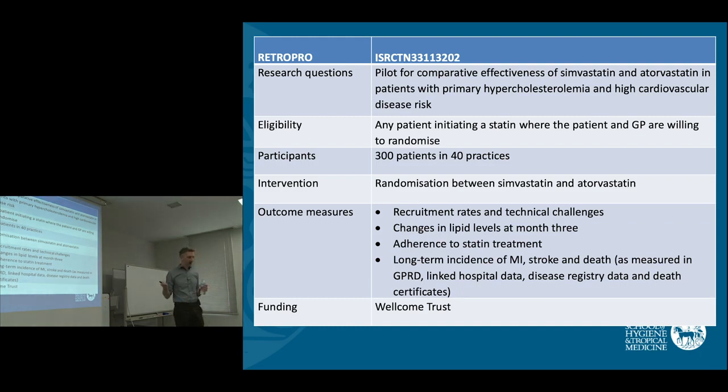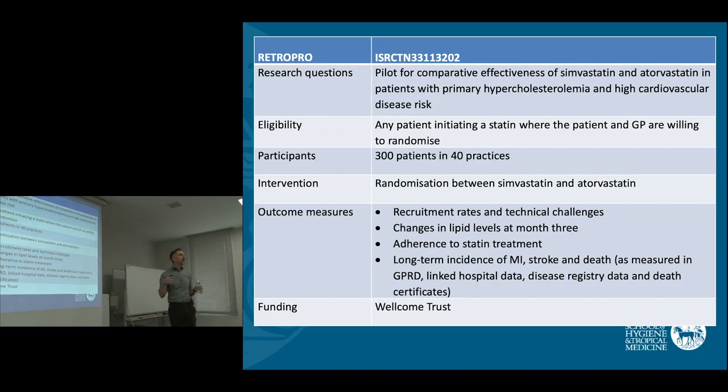Here's a trial that was done a few years ago within the Clinical Practice Research Datalink. And the idea was that it was a pilot for future trials, just to show that this was a possible thing to do within the database. And it was basically looking at randomising people to either atorvastatin or simvastatin.